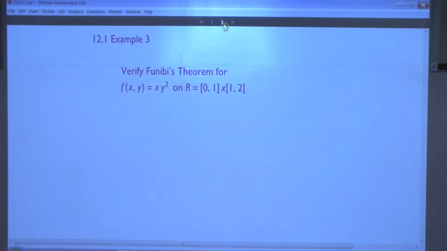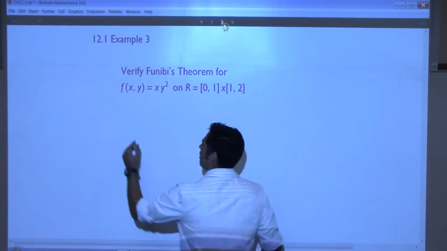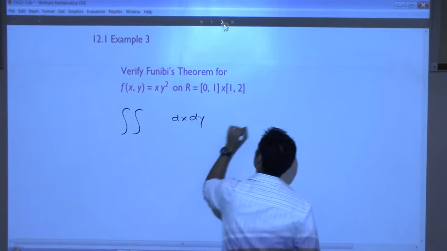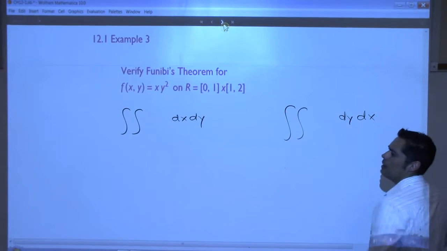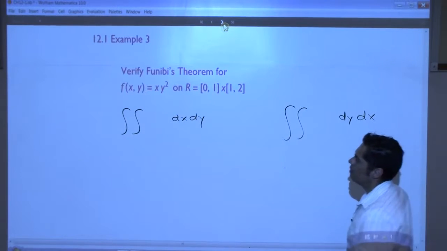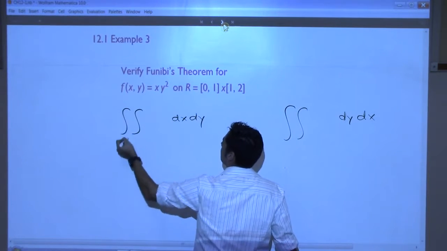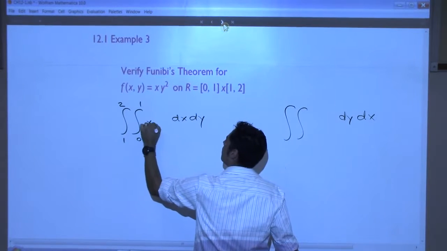I don't think I'll verify this. What you can do on your own, though, is just try this. Try setting this up both ways. This one, what would be the limits on the outer one here? 1, 2, and here 0, 1.